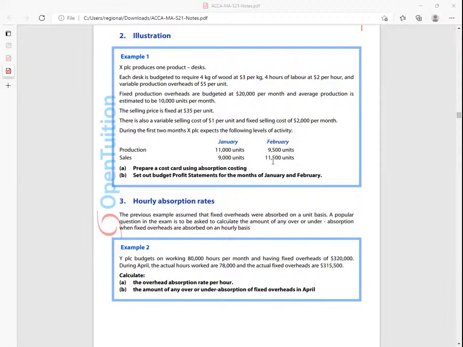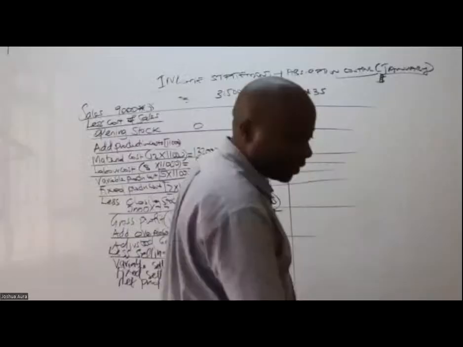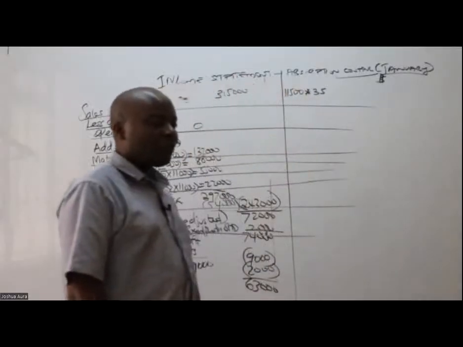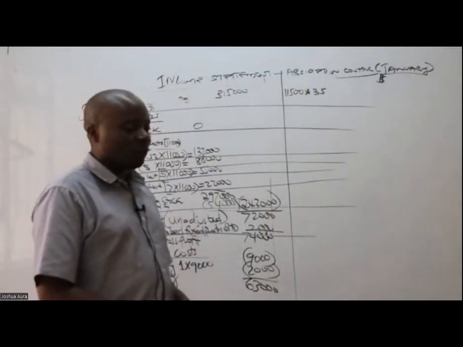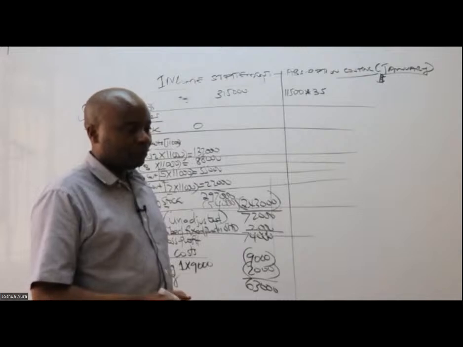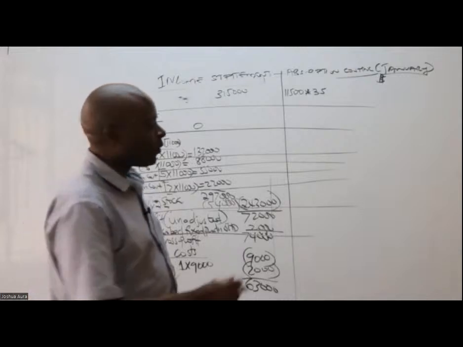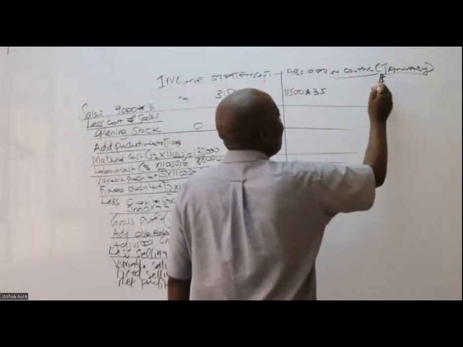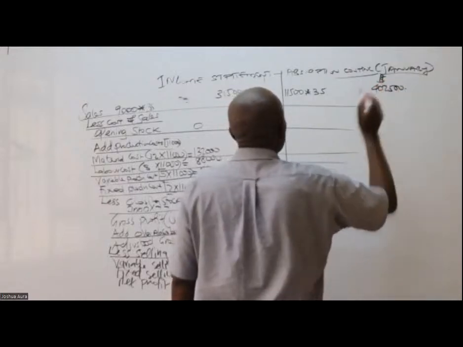Could you kindly give me the dollars there? 11,500 times 35 gives us $402,500. Thank you so much.